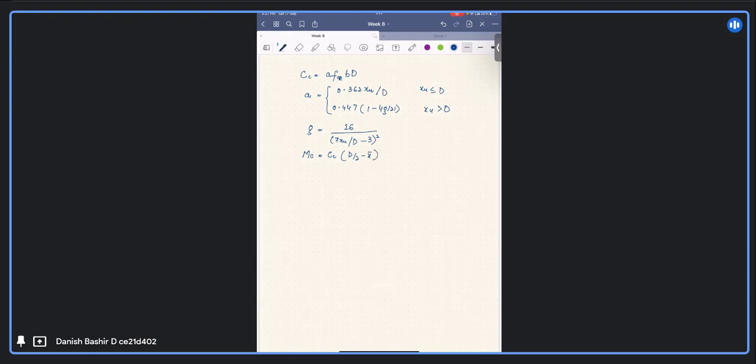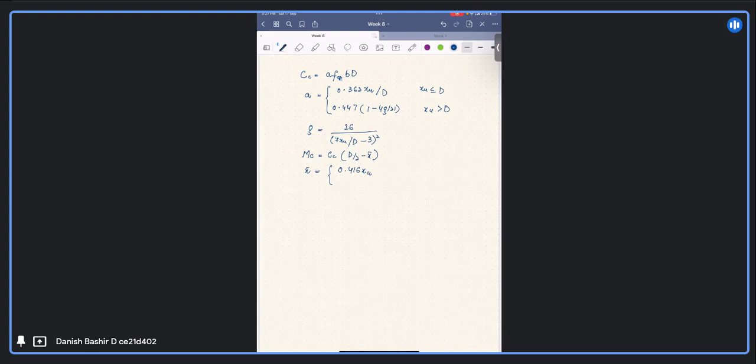Okay, and this X bar also depends on whether the neutral axis lies within the column or outside the column section. So accordingly, our expression for X bar modifies like this. If it is within the column, it is the same as flexure: X bar is 0.416 XU. Everyone remembers this.